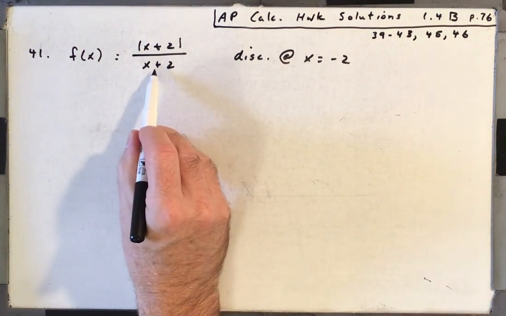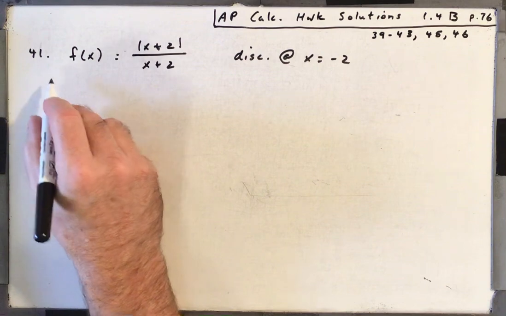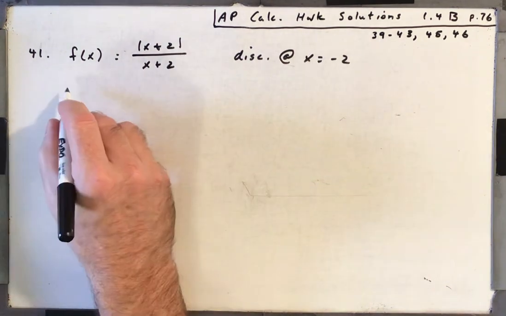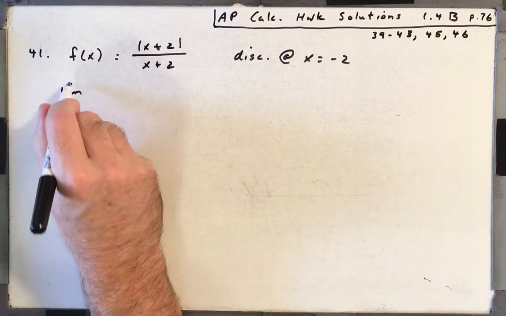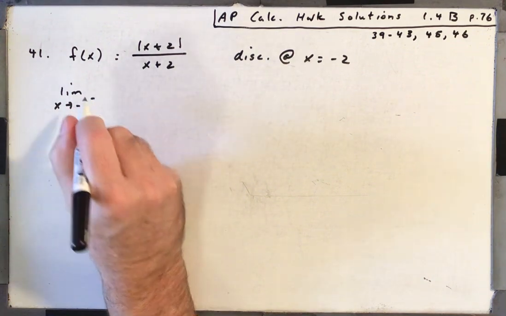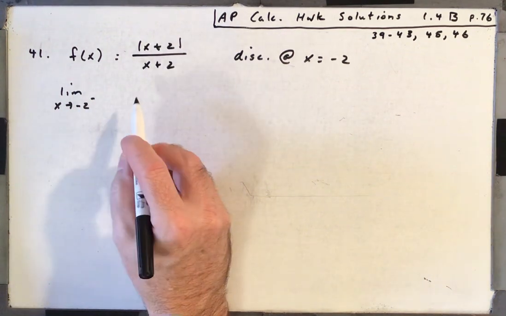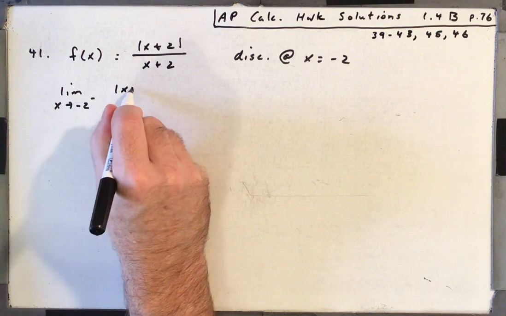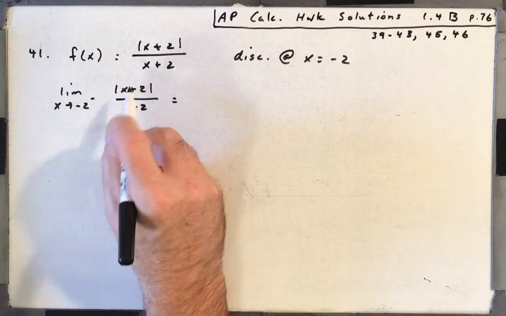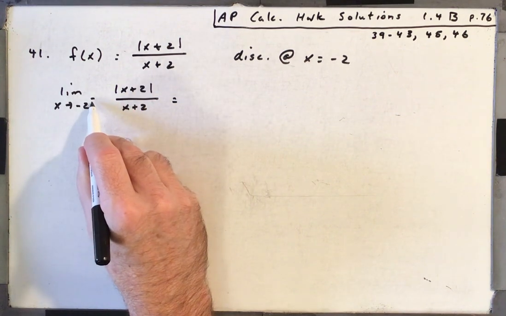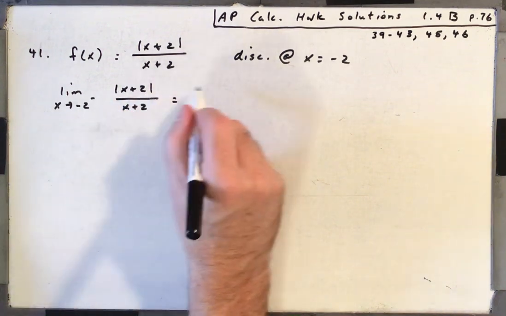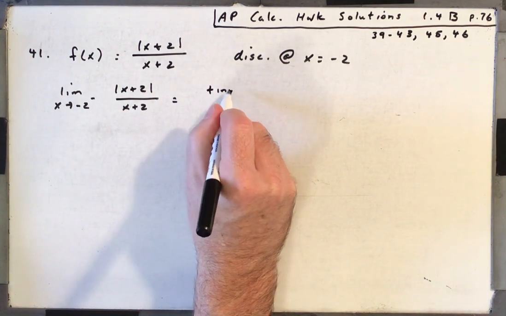Because that makes the denominator 0. So let's see if it's removable or non-removable. We would take the limit as x approaches negative 2 from the left first of the absolute value of x plus 2 over x plus 2. Well, from the left, that's going to be like negative 1.99, right? You take the absolute value, you're going to have a tiny positive on top.